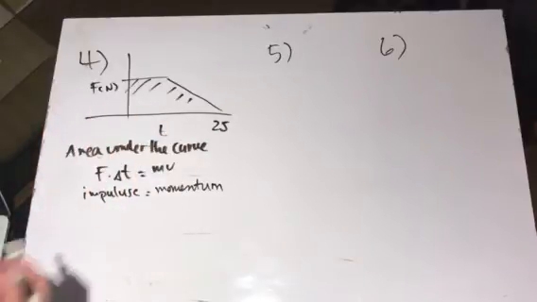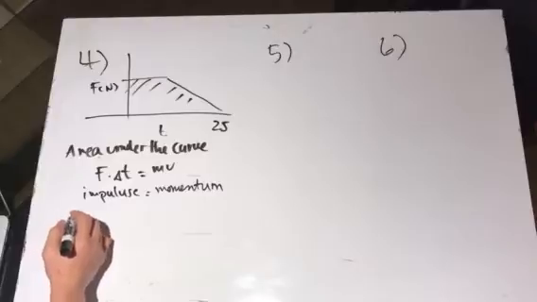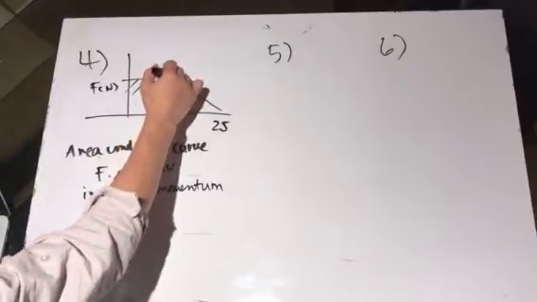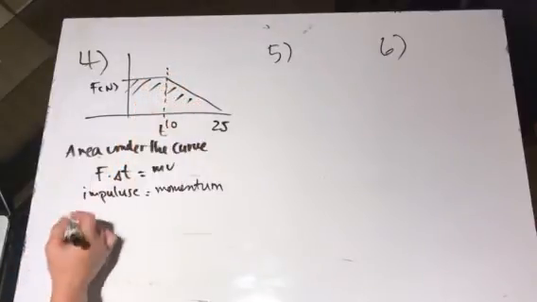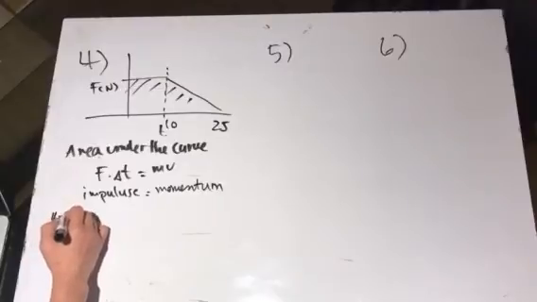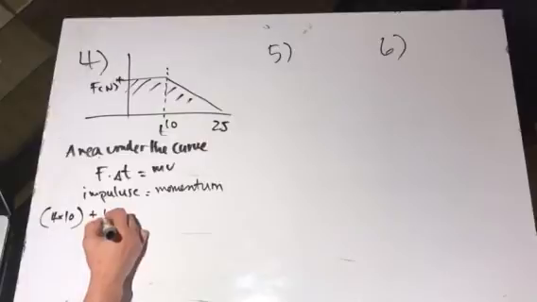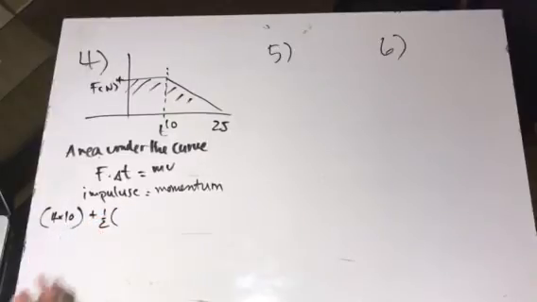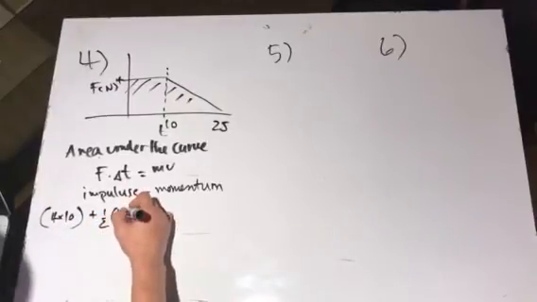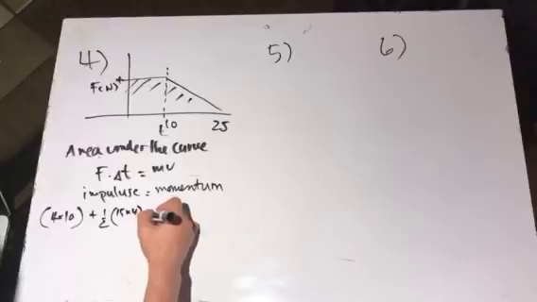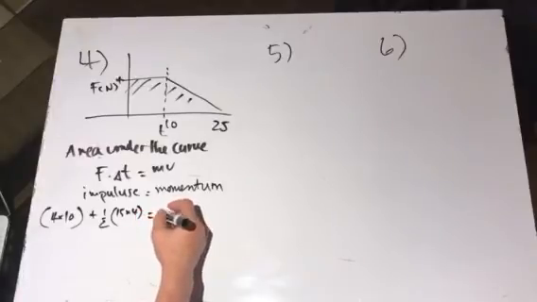So basically that's what it is, but there's more to it because for the first 10 seconds, the area is force times 10, that's base times height, plus 1/2 base 15 times 4, which is equal to impulse.